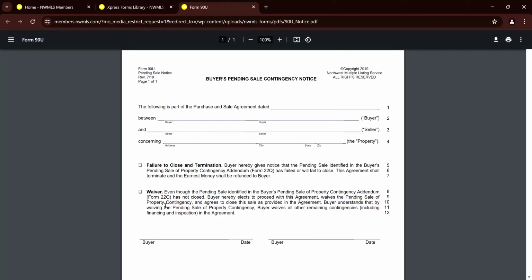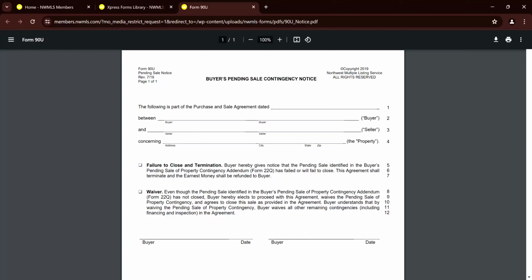Even though the pending sale identified in form 22Q has not closed, buyer hereby elects to proceed with this agreement, waives the pending sale of property contingency, and agrees to close the sale as provided in the agreement. Buyer understands that by waiving the pending sale of property contingency, buyer waives all other remaining contingencies, including financing and inspection in the agreement.